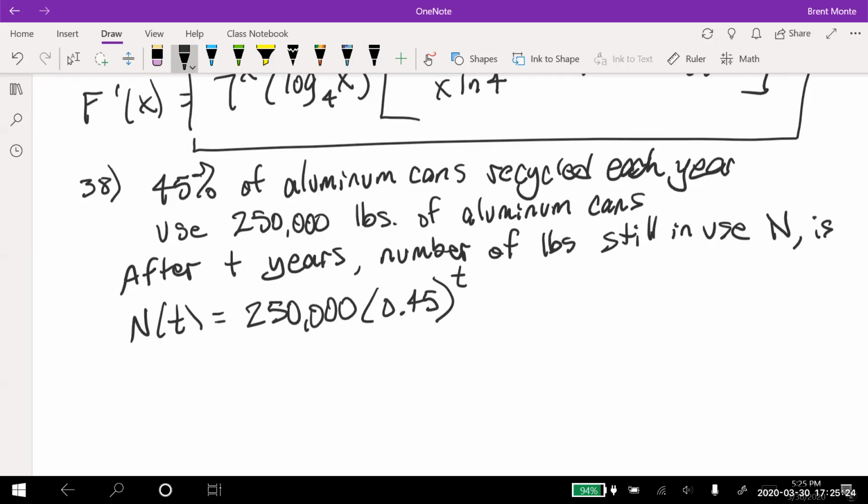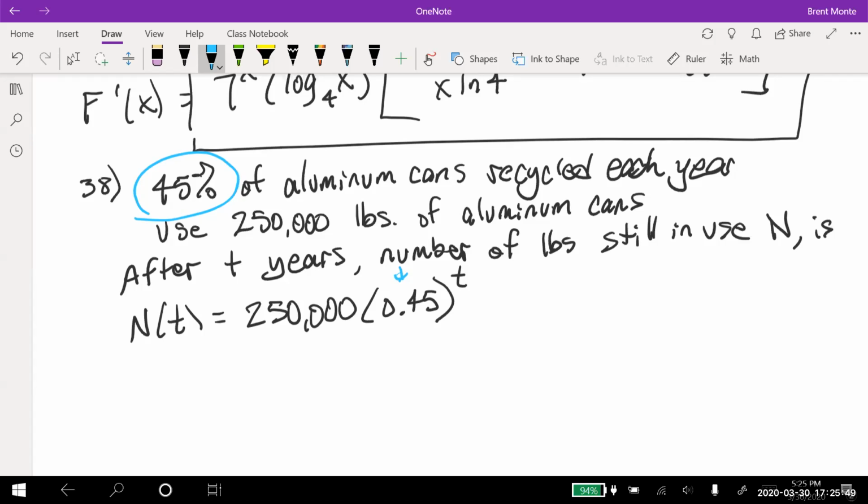And so that's why I wrote down as much as I wanted to, because notice this is very similar to what we were doing before, where we had the initial value times e to the kt. Well, this time we don't need an e to the kt, because if 45% of the cans are recycled, that's what this 45% right here comes from.